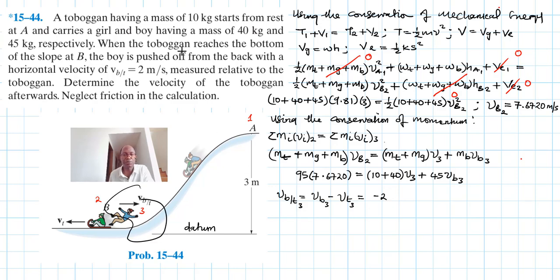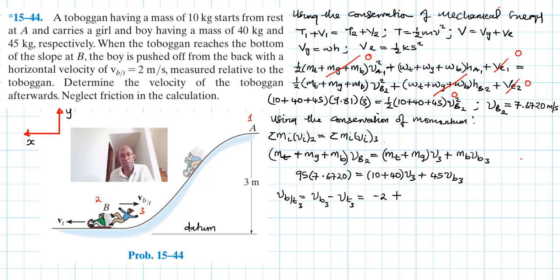The minus is because of the direction, because we are saying this is our reference, this is our y, this is our x.